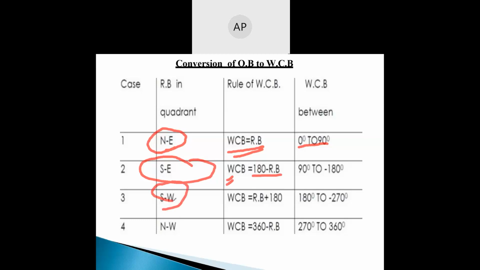In the southwest quadrant, it will be RB plus 180. The whole circle bearing will be reduced bearing plus 180 degrees. If it is the northwest quadrant, then the whole circle bearing will be 360 degrees minus reduced bearing.